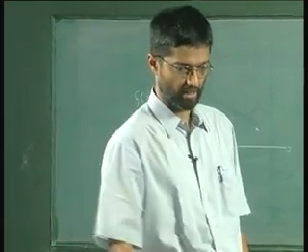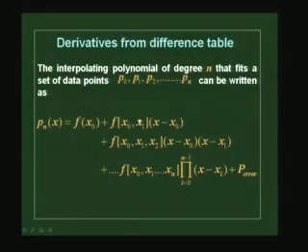To summarize, given a set of data points, we know how to construct a polynomial of order n which passes through these n plus 1 points, starting from x0 to xn.